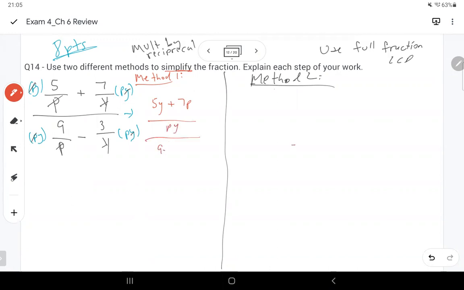Over 9y minus 3. That y looked like a messed up yp. Okay. Over py. So 5y plus 7p over py. Multiply by the reciprocal.